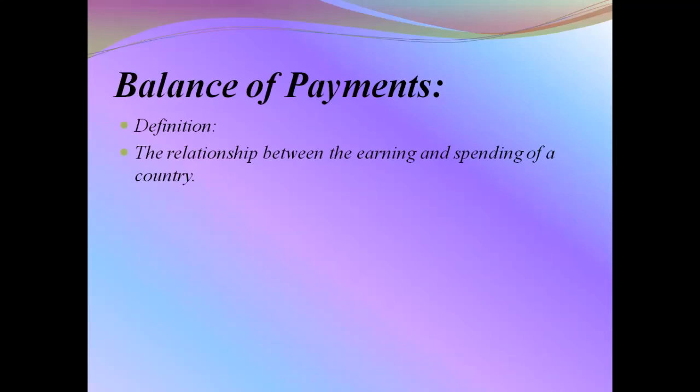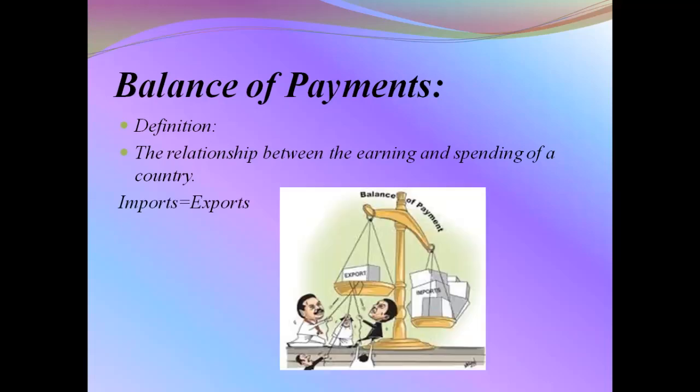If the ordinary family's earning is greater than its spending, then the family will be a prosperous family, right? But on the other hand, if the family's spending is greater than its earning, then the family will be in debt. Same is the situation with countries as well. So, this is the formula of balance of payments, that imports is equal to exports.